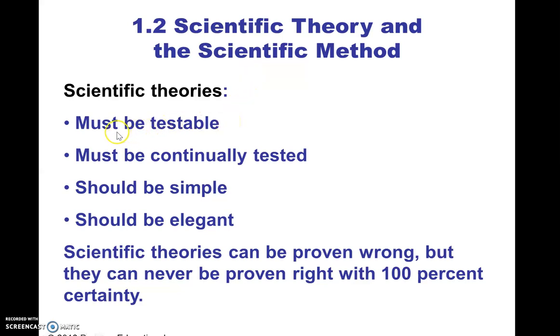You have to be able to perform what's called an experiment, of course. And in fact, that's why we have a laboratory portion of science classes, because the scientific method absolutely requires us to be able to test ideas.